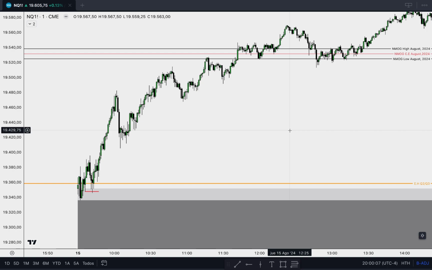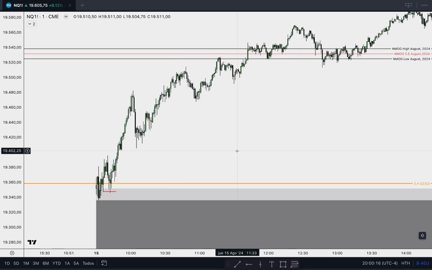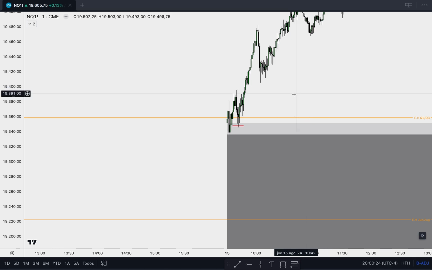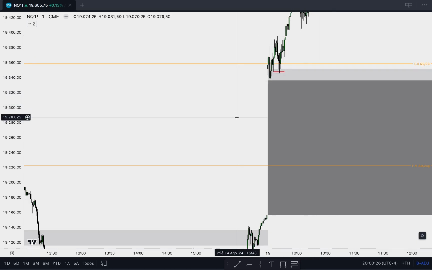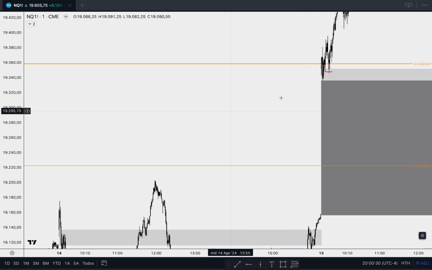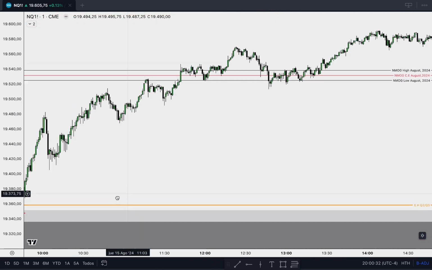But from a technical standpoint, I think this is the easiest way to define your bias using this logic that I'm telling you here, and it's fractal. I'm using this on the weekly candle, monthly candle, quarterly candle, and daily candles here.